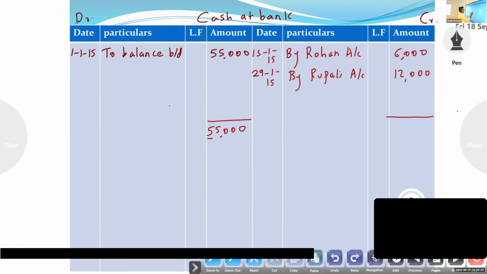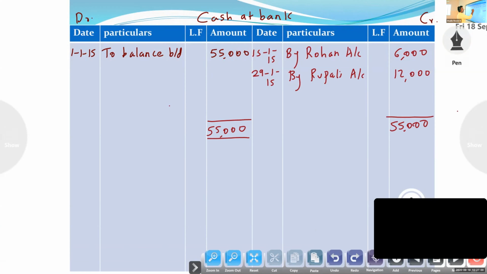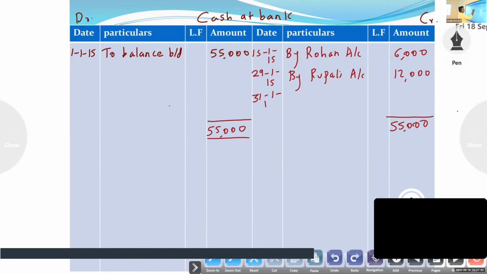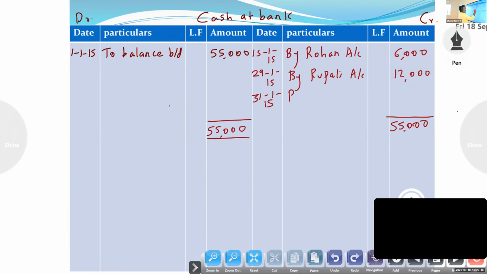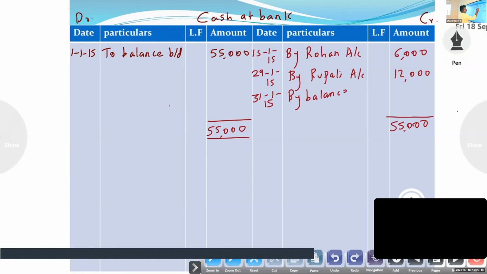So that total you have to write on both sides. The balance will be 37,000. You write by balance CD 37,000.